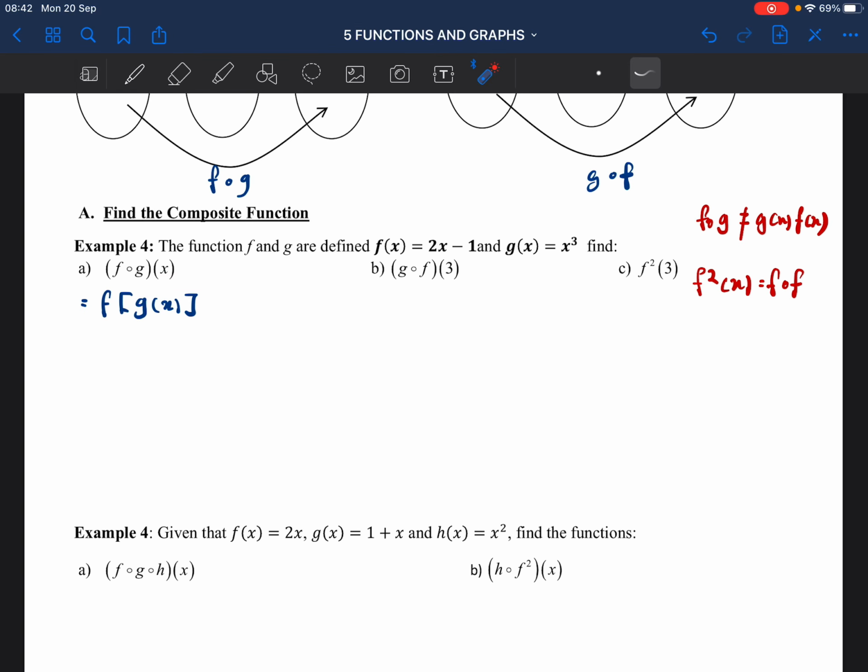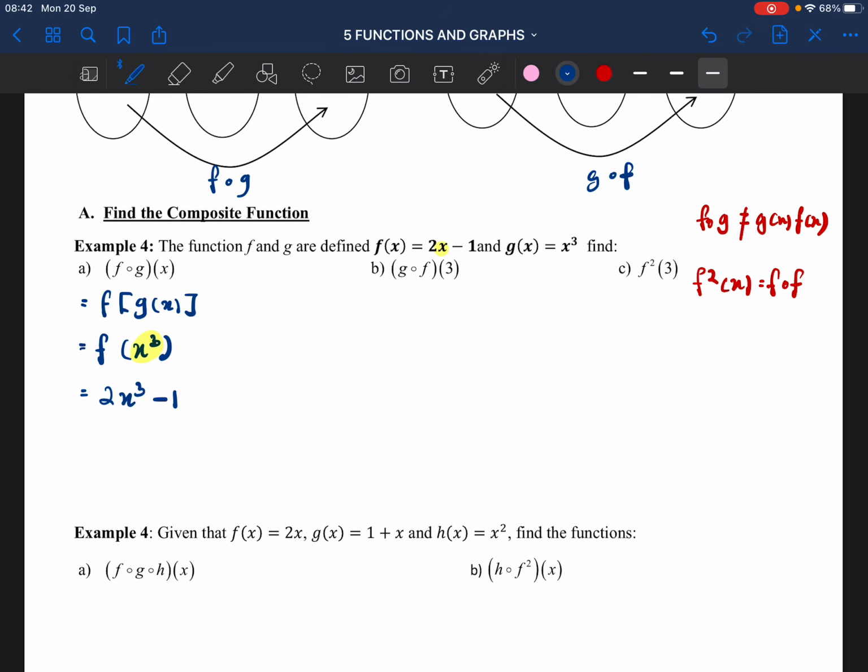So we are going to fill in whatever function that we have from behind. So g(x) here is x cubed. Now you have x cubed, so we just substitute it into x of your f(x). So that will be 2x cubed minus 1.